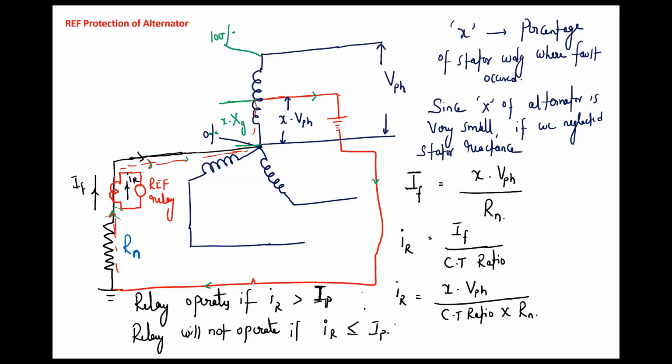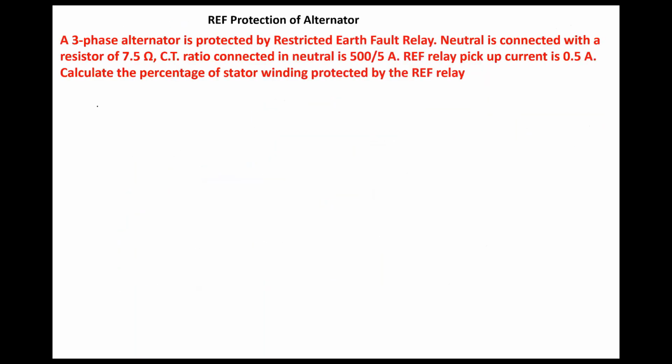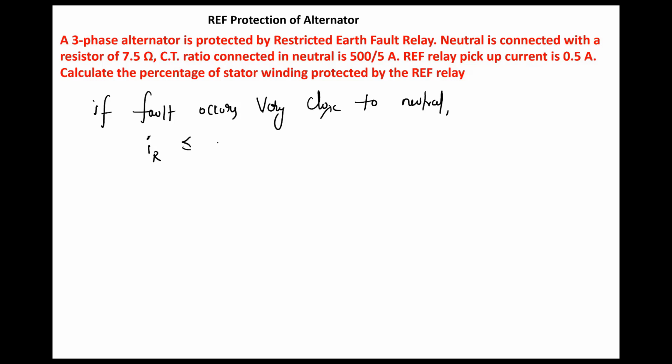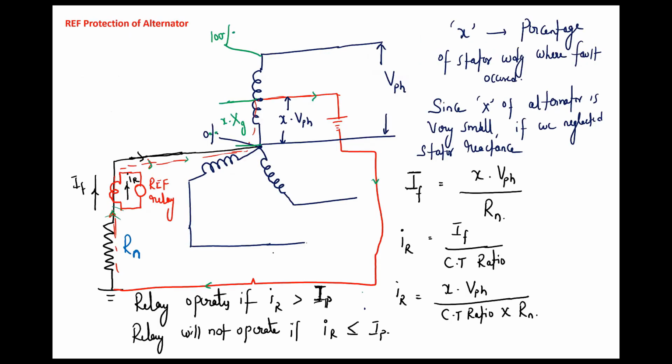Okay. So if the fault occurs very close to neutral, then this relay current may be less than or equal to IP, because the current may not be of sufficient quantity to actuate the REF relay.